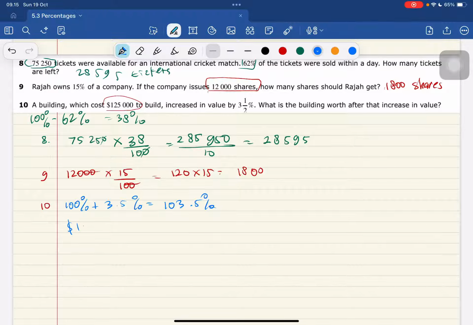This is $125,000 times 103.5%. So this is going to be 125 multiplied by 1035. So this will give us the answer of 129,375. So number 10, the increased value is $129,375.